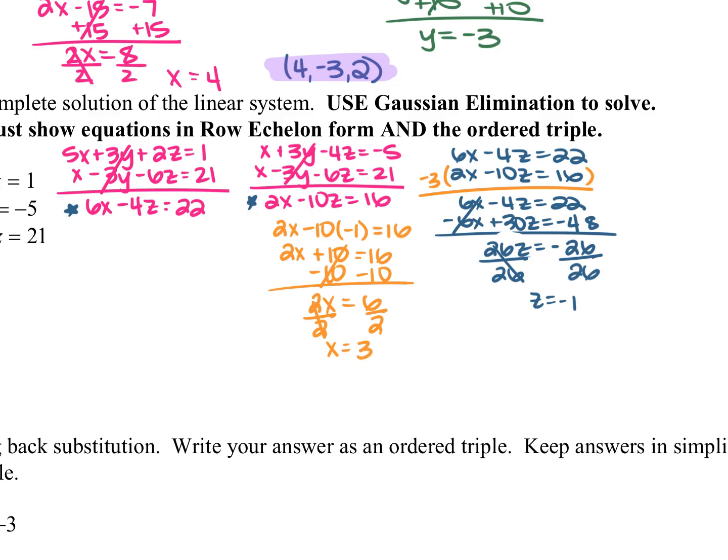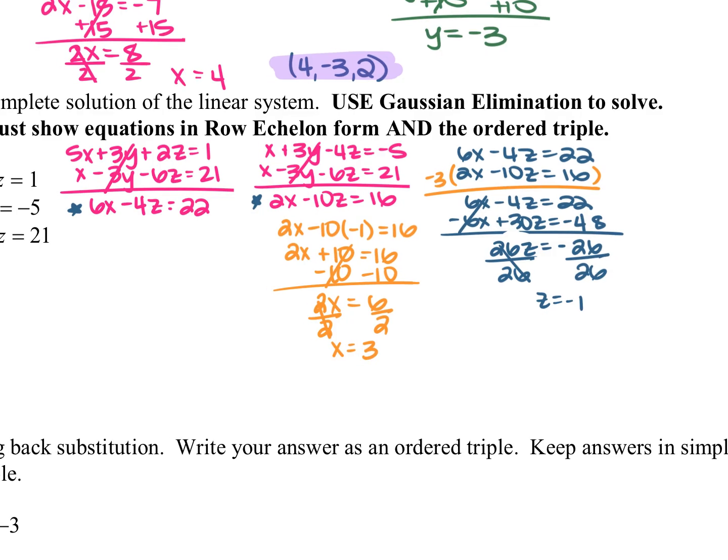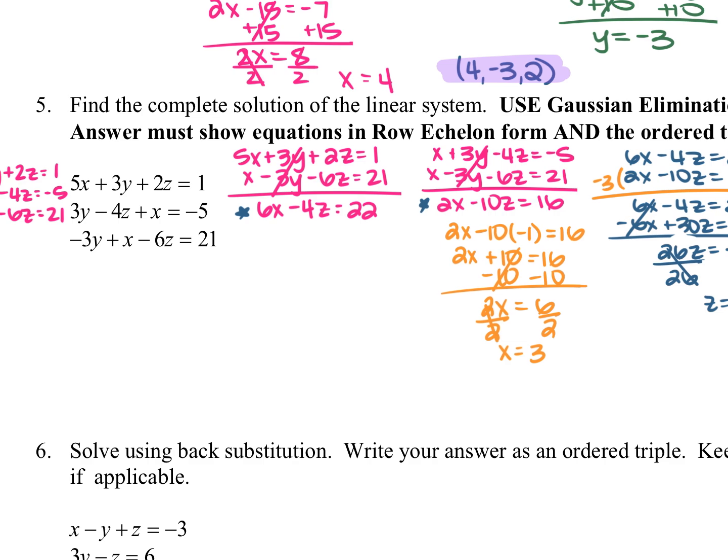So plugging the 3 in for x and the -1 in for z, you're going to have 3 plus 3y minus 4z, which is -1, is equal to -5. That's 3 plus 3y plus 4 is equal to -5, giving you 3y plus 7 is equal to -5.